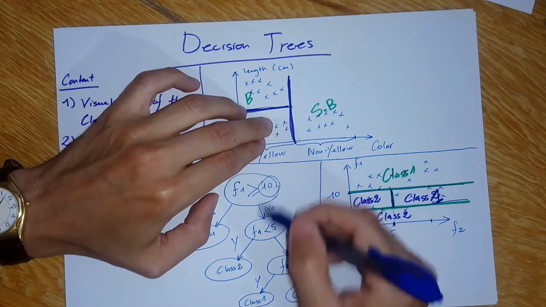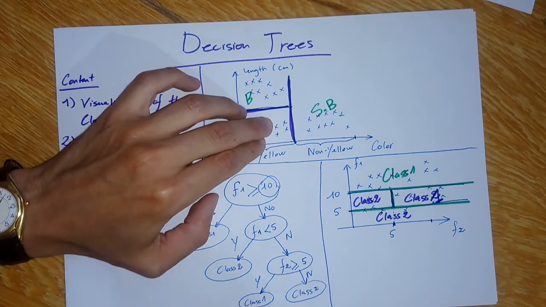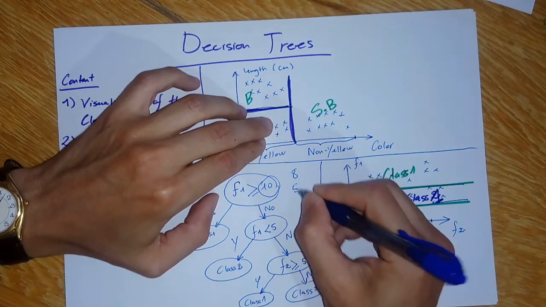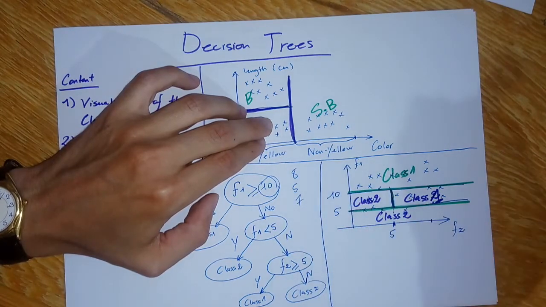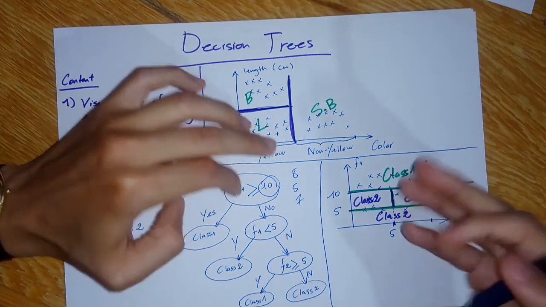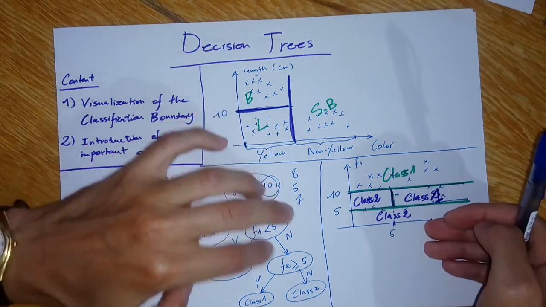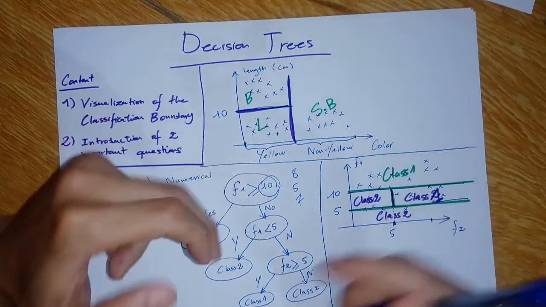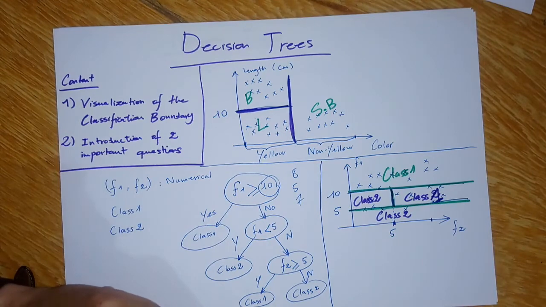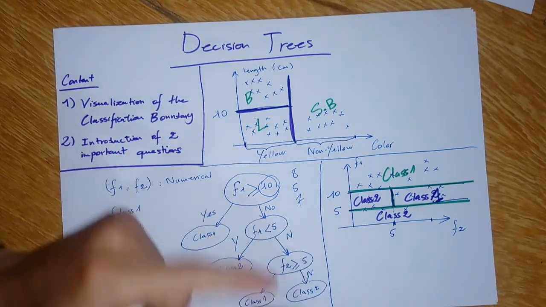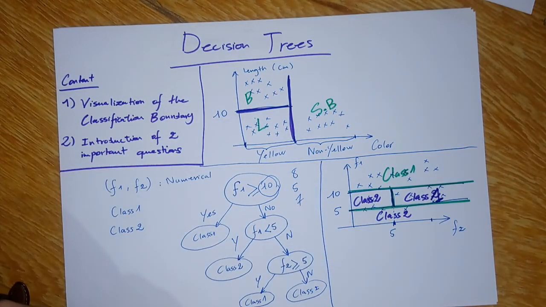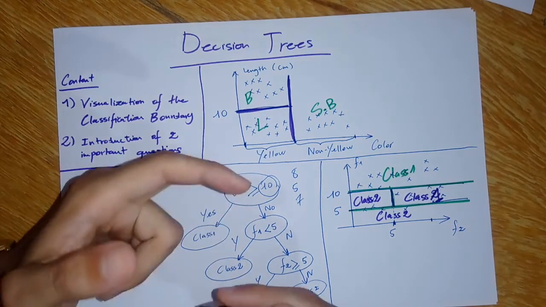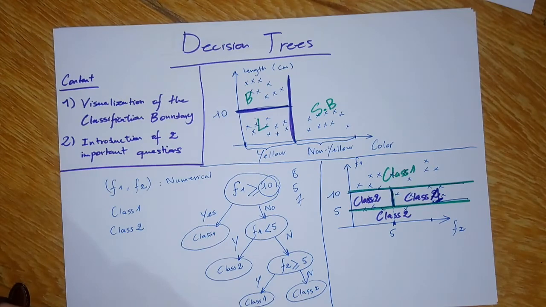Why am I asking about 10, and why don't I ask, for example, about 8 or 5 or 7 or any other value? The same logic of course applies to these two other nodes. So how do I choose the value of the feature for which I ask a question? This is the first important question that we need to answer in order to form a decision tree.